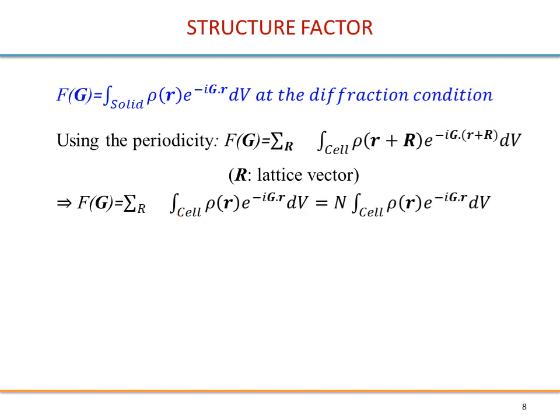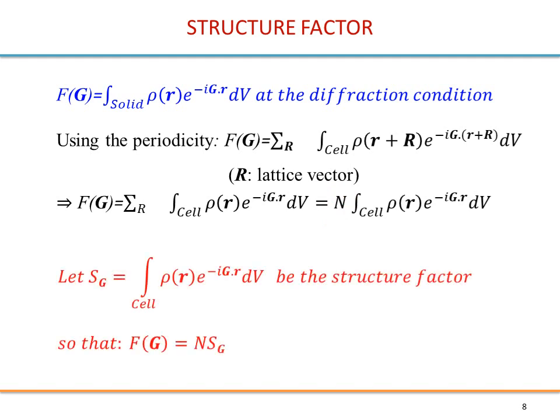So we get this, and of course we can get rid of the sum here if we know the number of cells in our solid. So we define the structure factor as in fact this part, the sum on the cell of this. Okay, so in that case we have F of G equal just the number of cells times the structure factor.